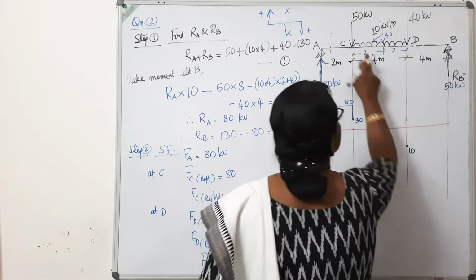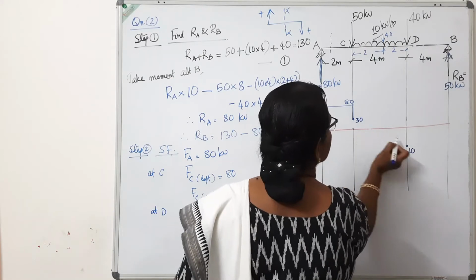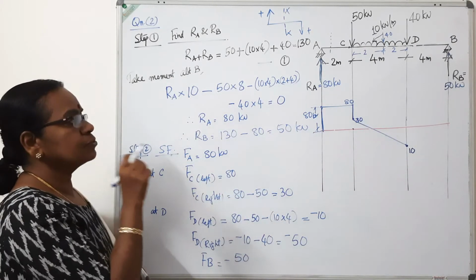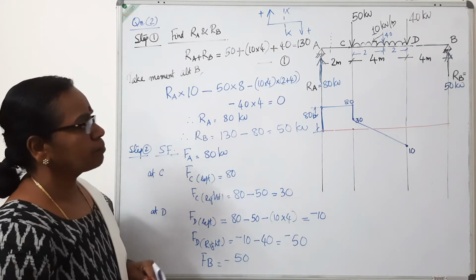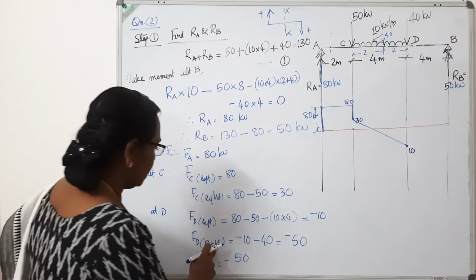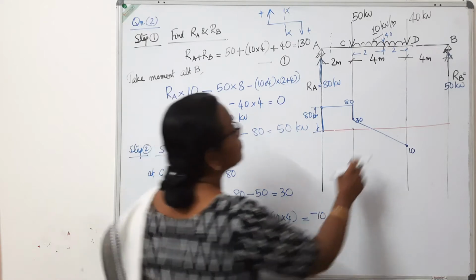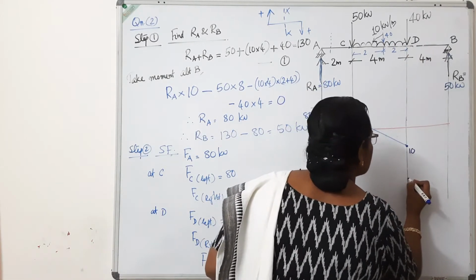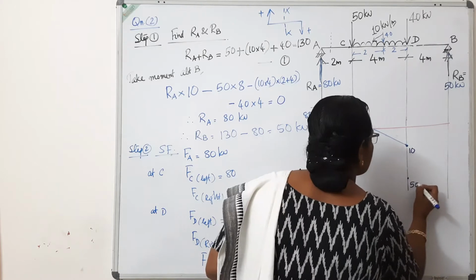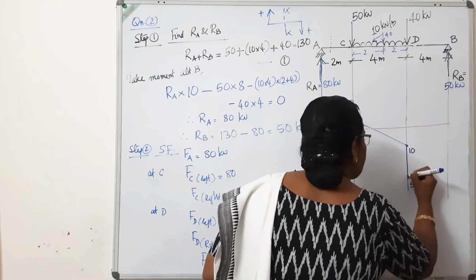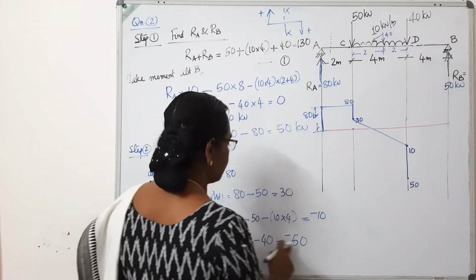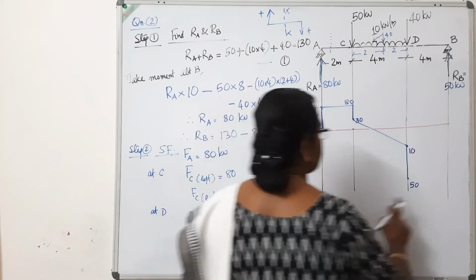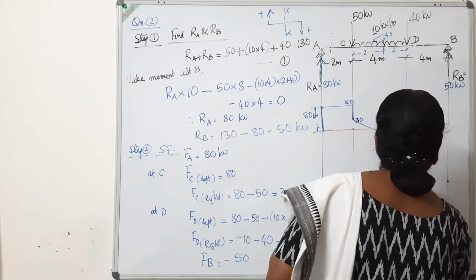Since there is uniformly distributed load, connect this 30 and minus 10 by a straight line. FD right is minus 50. So at this particular point, from here you mark 50 downward. Mark point 50. Connect it. FD right is minus 50, that we have marked. FB is minus 50. So here also 50.